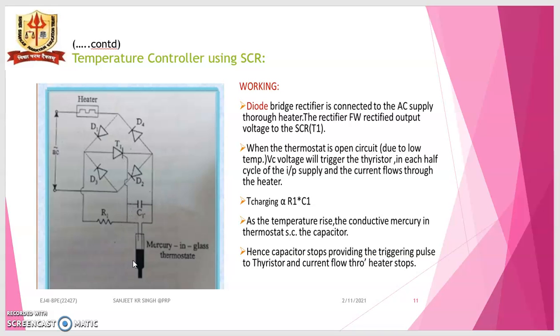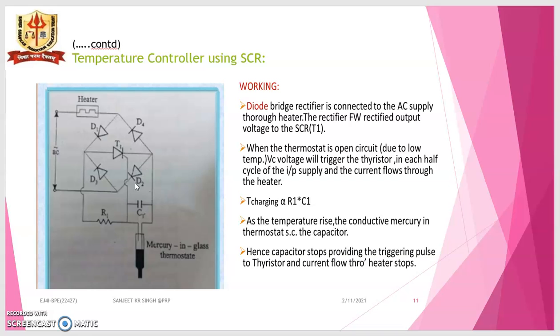When the thermostat is in open circuit due to low temperature, the mercury level is down, so these two wires are not short circuited and it is open circuited. Hence the voltage across the capacitor is providing the triggering pulse for both the positive half and the negative half cycle, and T1 is turned on for both half cycles of the input.